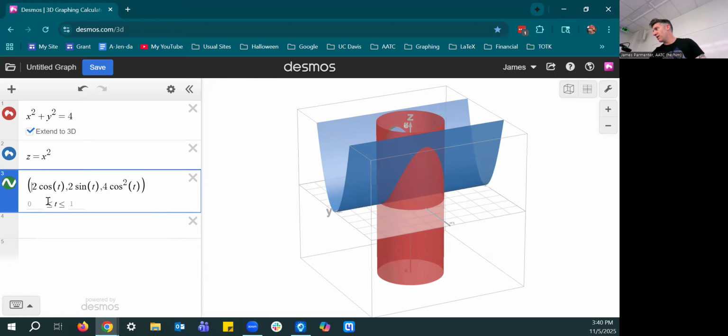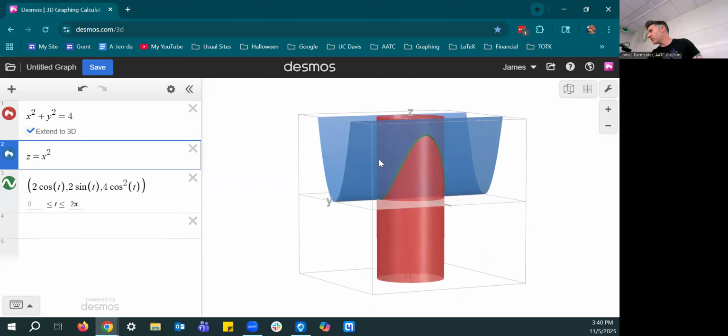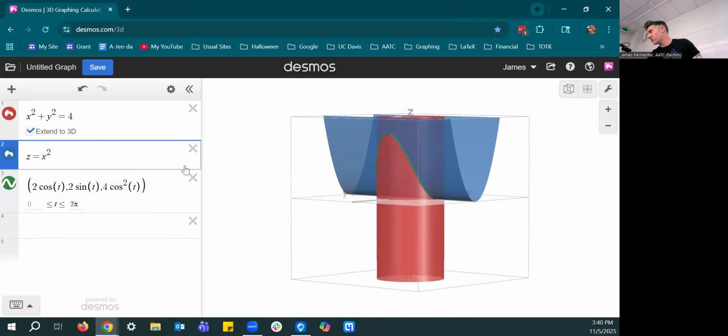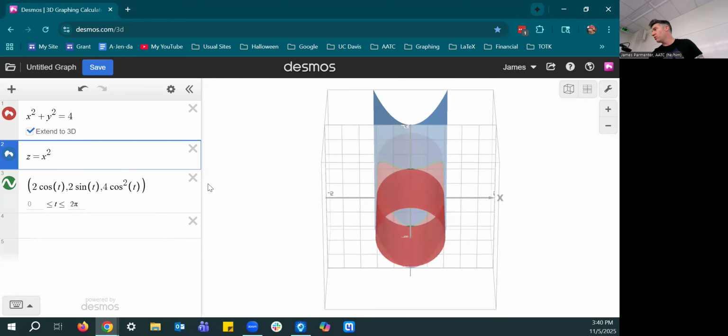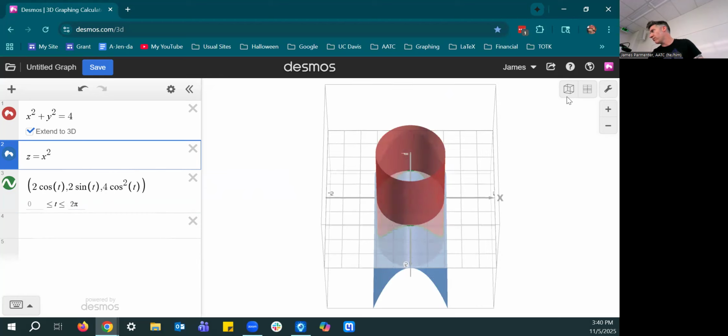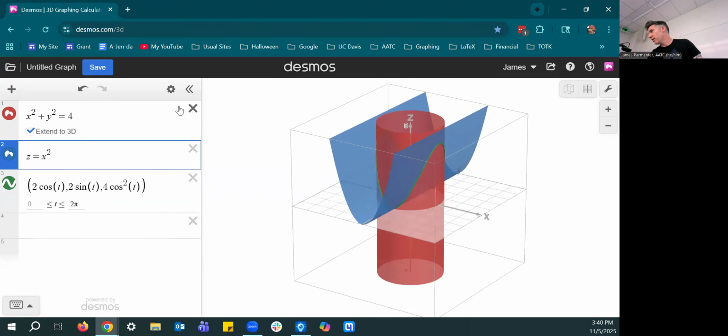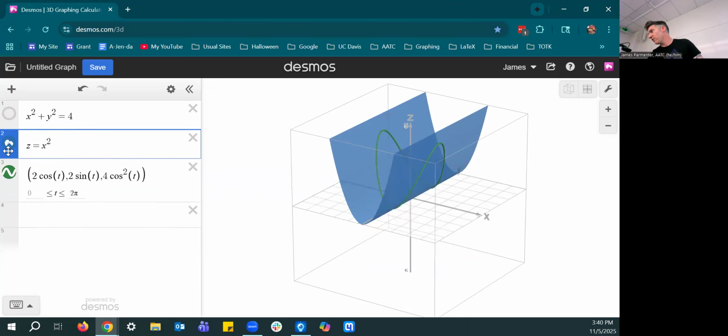And then you let t kind of go from, I think, 0 to 2 pi. And then look, you can see exactly that green thing I've drawn is exactly describing the intersection there. It's kind of great, I think. And then you can turn those off for a second.